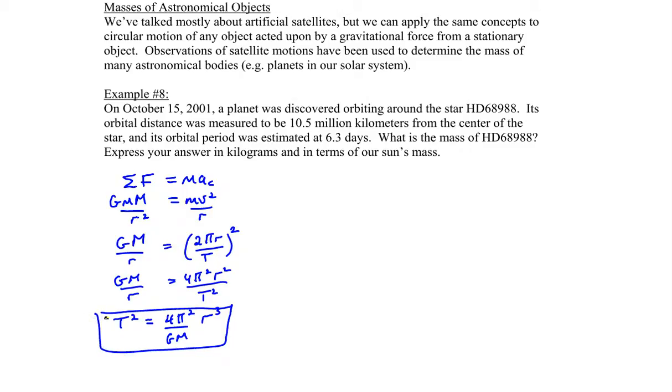We are given in this particular problem a star, like the sun, HD 68988. There is a planet orbiting this star at an orbital distance measured as 10.5 million kilometers. So we'll call that r is 10.5 times 10 to the power 6 kilometers from the center of the star to the planet.